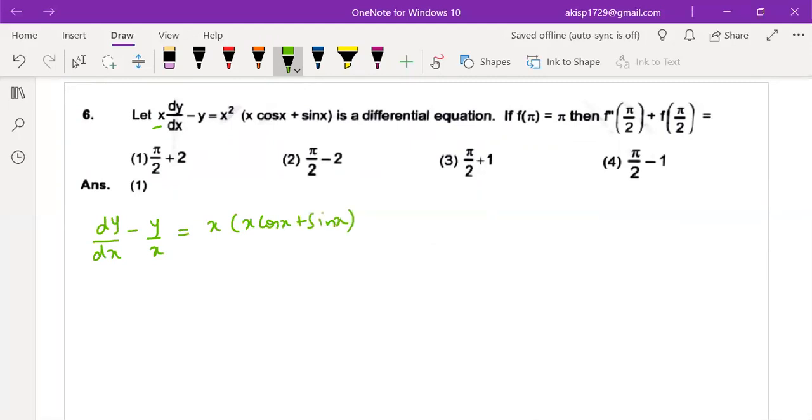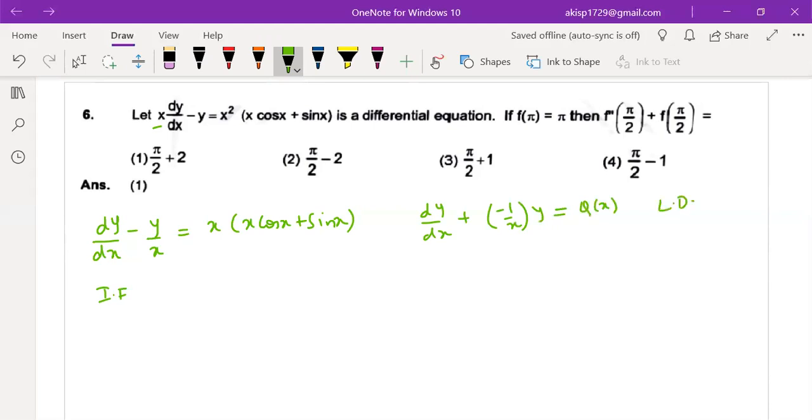So what is the integrating factor? Because this expression looks like dy/dx plus (minus 1/x) times y is equal to some function of x, some q(x). So this is like a linear differential equation.